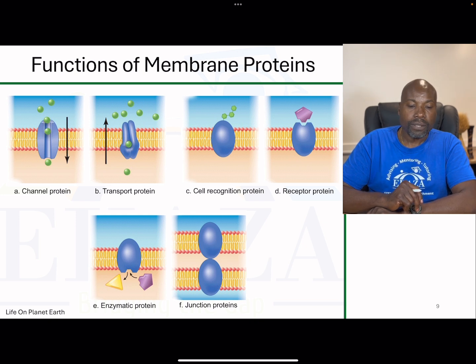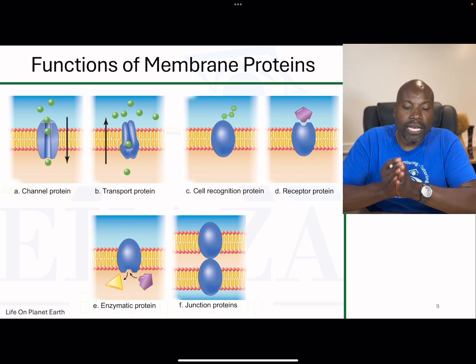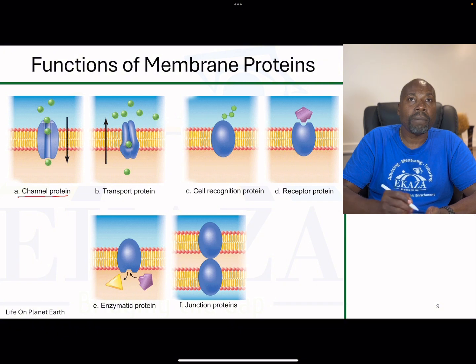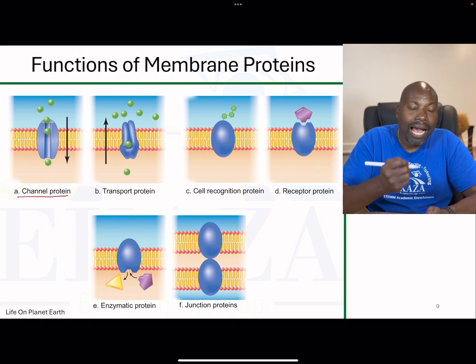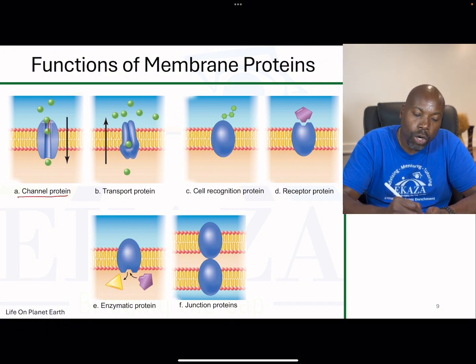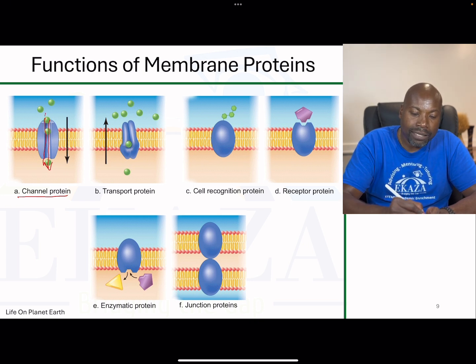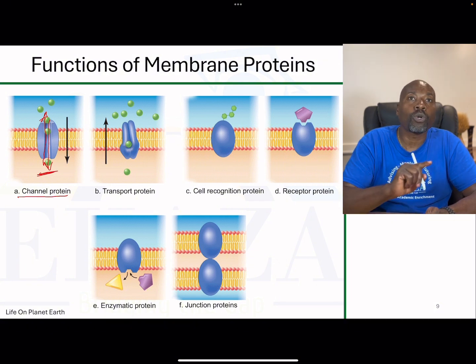All right. So let's address the proteins that are embedded in the plasma membrane and their role. Now, the proteins that are embedded in the plasma membrane are going to play many roles. Some of them are going to play the role of channels, right? Some are ion channels, allowing chemicals to go inside of the cell and outside of the cell. Without these channels, whatever chemical is going through that channel could not go through.